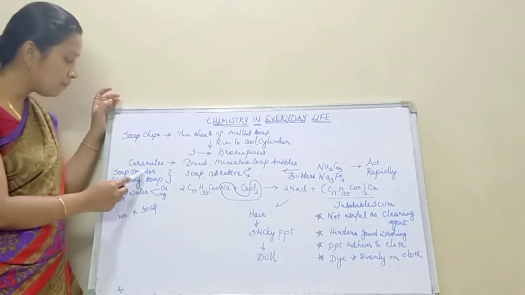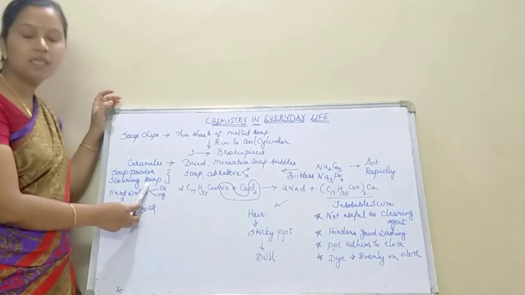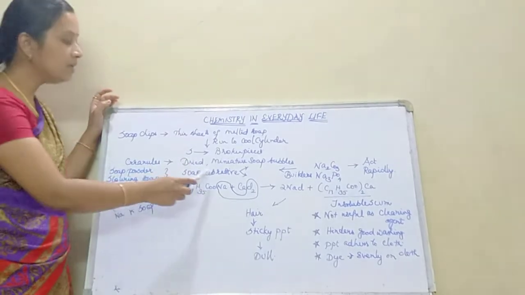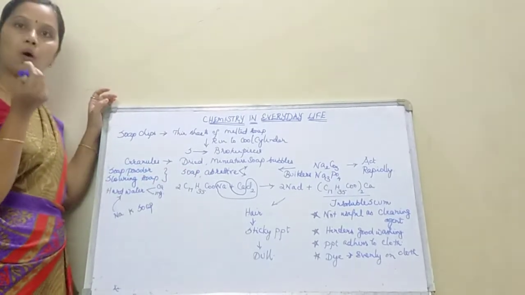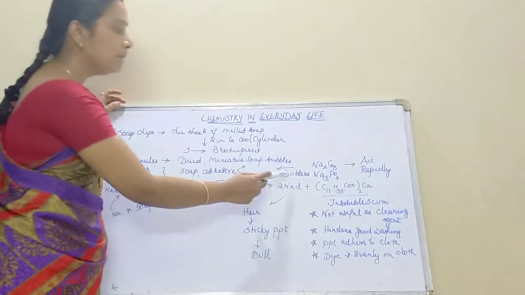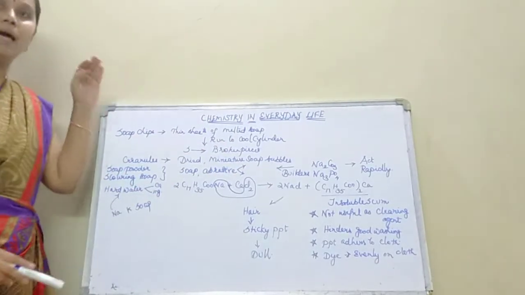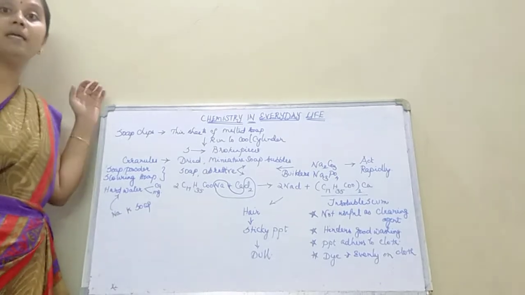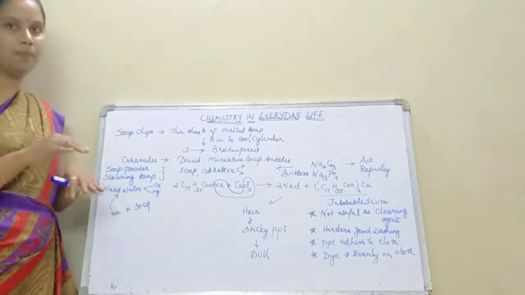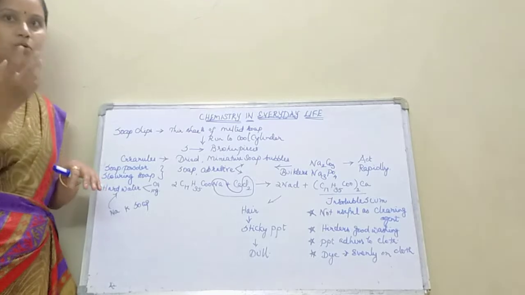What are soap powder and scouring soap? They contain soap along with an abrasive, which is powdered pumice stone or powdered sand, to which builders like sodium carbonate and trisodium phosphate are added so that the soap acts very rapidly. With normal bathing soaps, you need to apply water and lather it before you get foam.